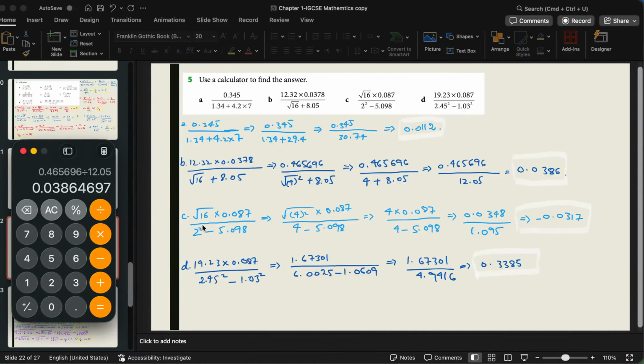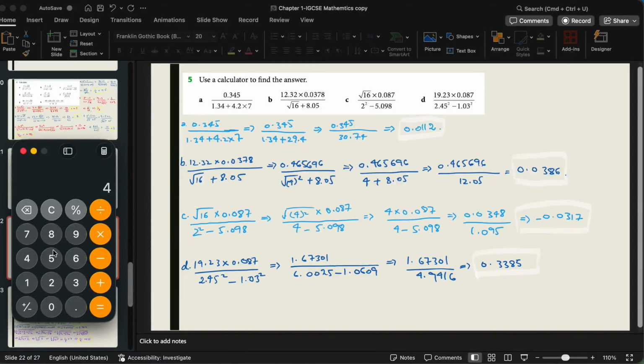So 2 squared is equal to 4. In the denominator we will get 4 minus 5.098. These numbers in the denominator and numerator, we will solve so that we get one value in the denominator and one value in the numerator.